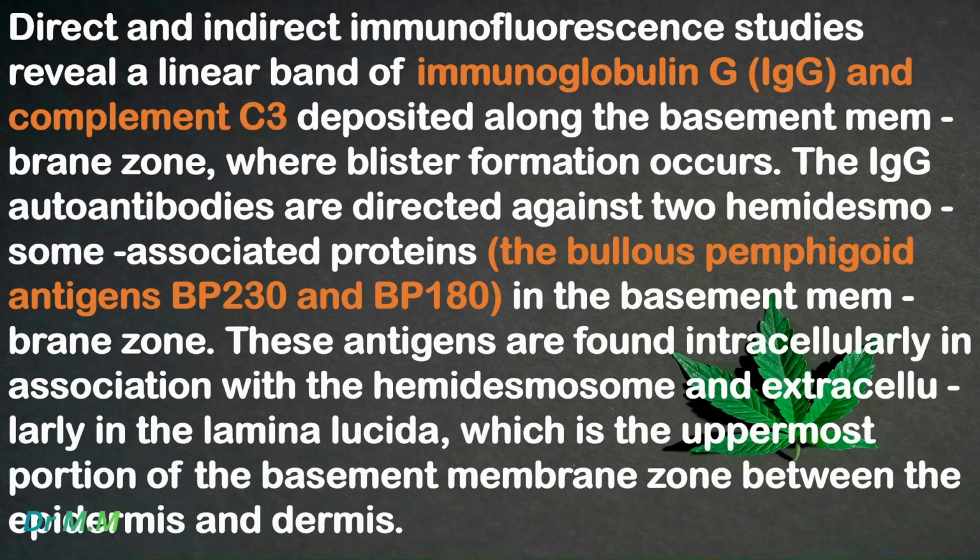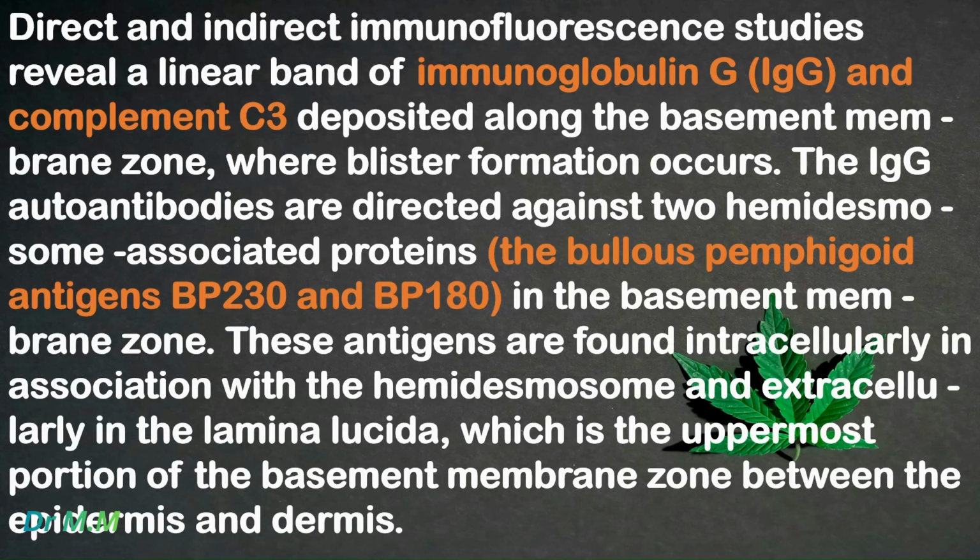Direct and indirect immunofluorescence studies reveal a linear band of immunoglobulin G, or IgG, and complement C3 deposited along the basement membrane zone where blister formation occurs. The IgG autoantibodies are directed against two hemidesmosome-associated proteins, the bullous pemphigoid antigens BP230 and BP180, in the basement membrane zone.